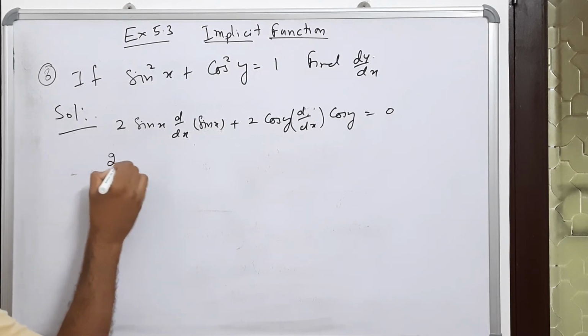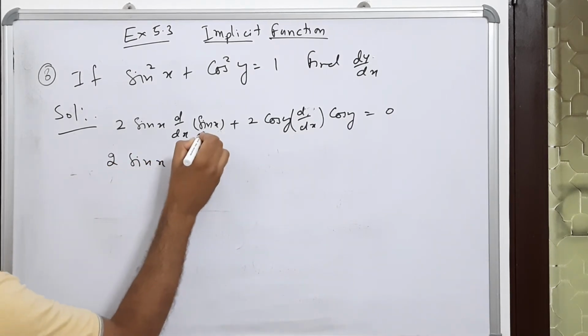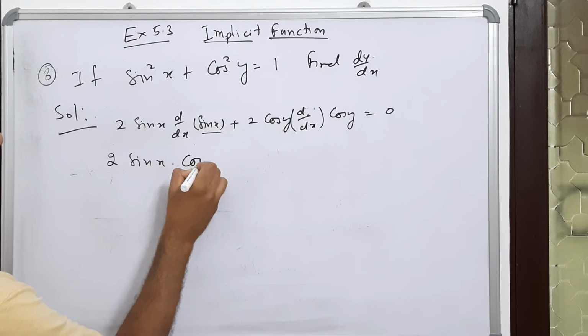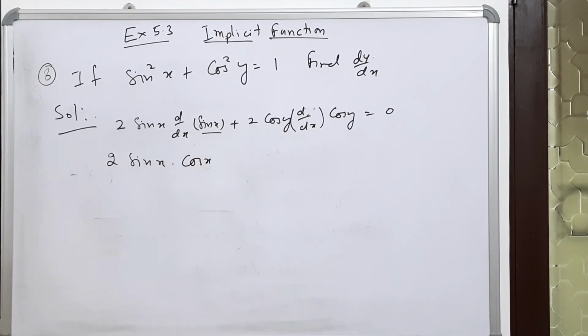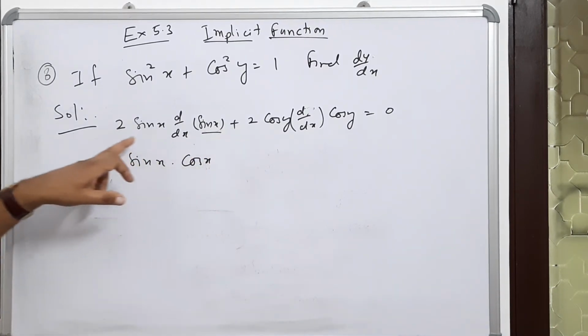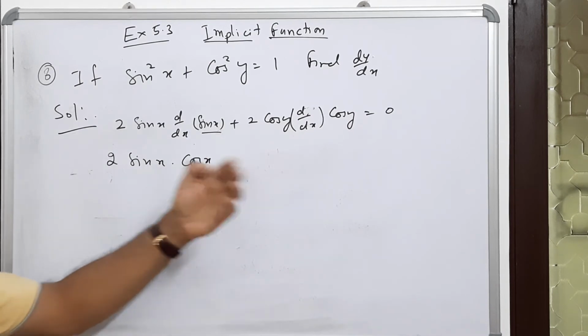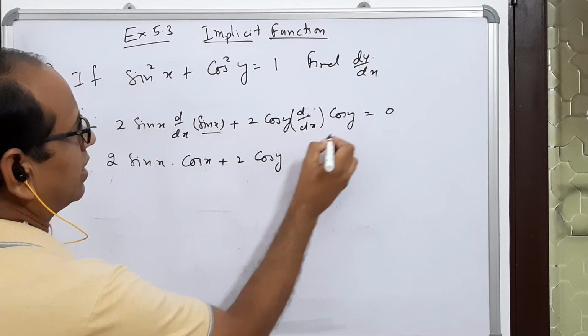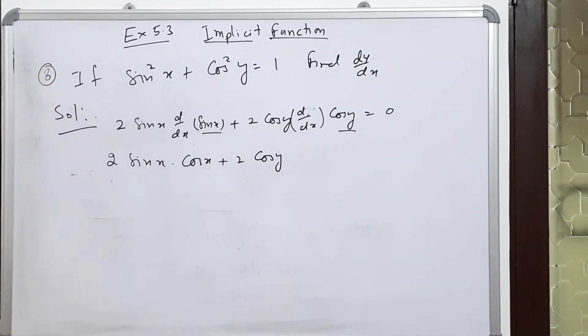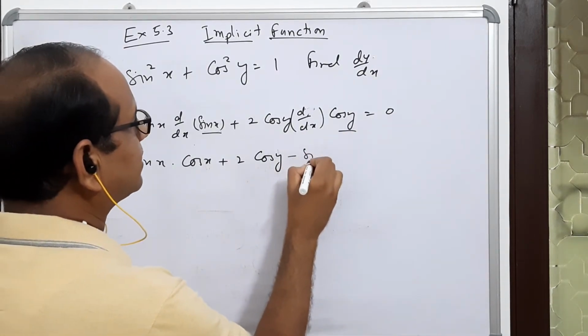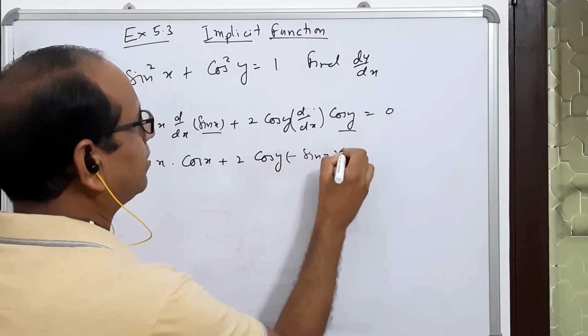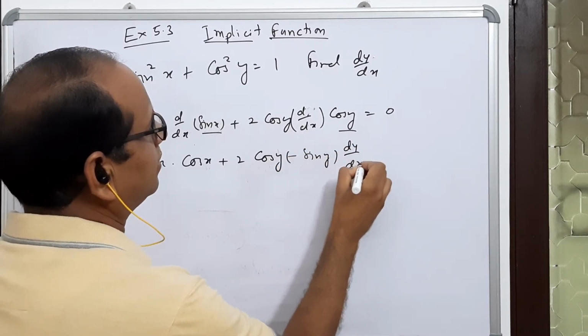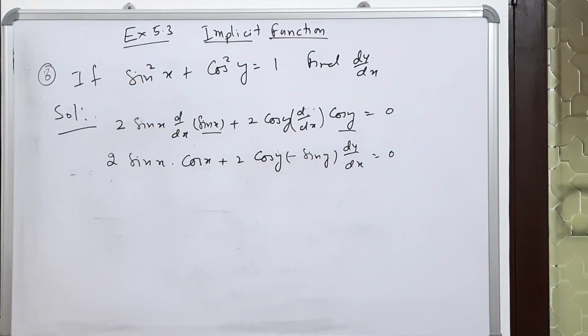Now the next step is 2 sin x and the derivative of sin x is cos x. Now we will not write dy by dx here because these are the x term. Dy by dx we write in the y term, plus 2 cos y. Now d by dx of cos y is minus sin y and it is dy by dx and equals to 0.